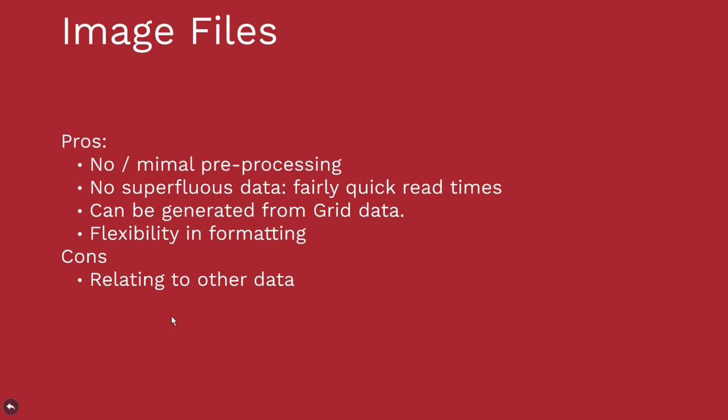The other thing with image files is that each pixel and each color channel within the pixel is limited to being an integer representation between typically 0 and 255, depending on the bit rate of the image.